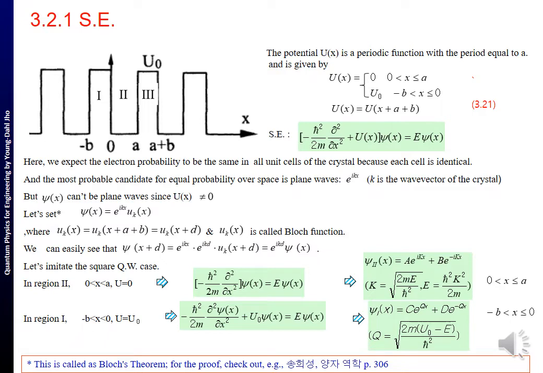So this period is actually the lattice constant. Let's set it to be d. The potential is periodic: if you add the lattice constant, then things are just the same. This d is the lattice constant.